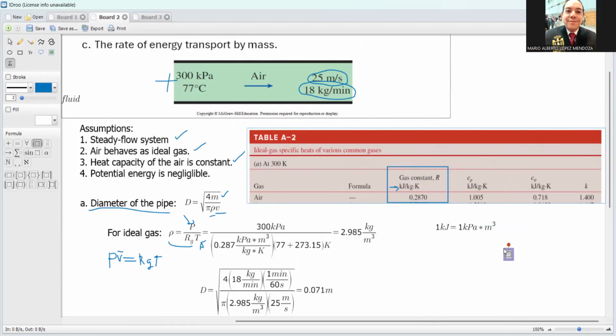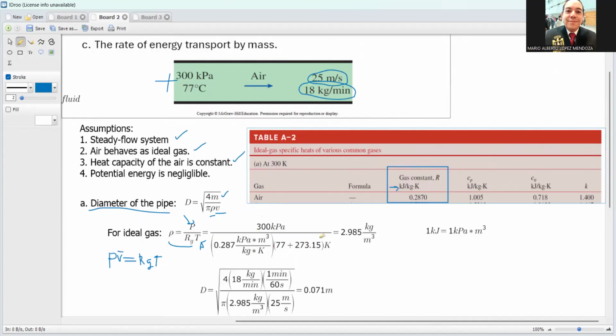This is the same, so I can write this constant in terms of kilopascal cubic meter divided by kilogram Kelvin.